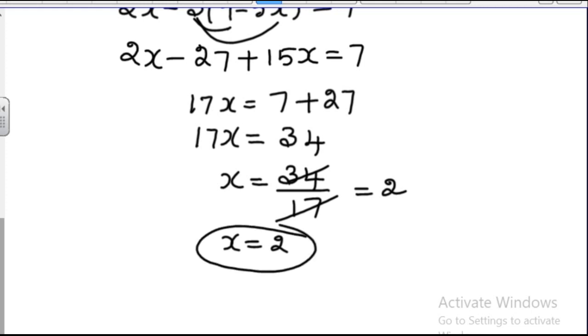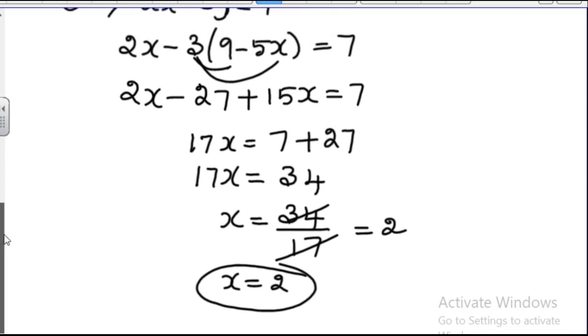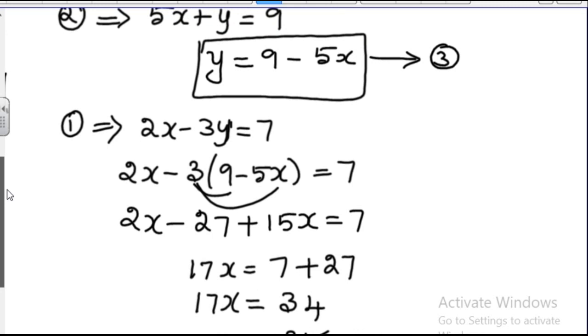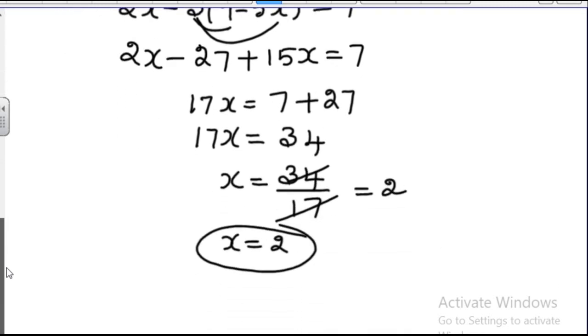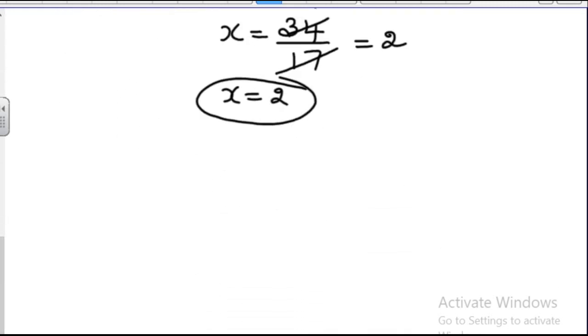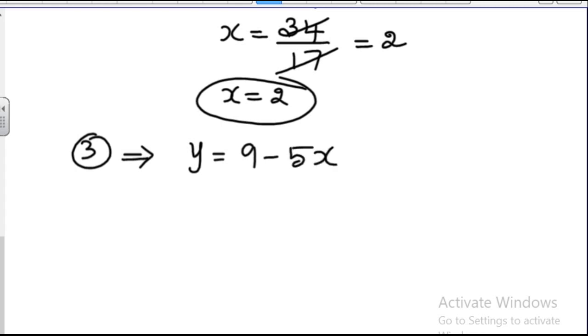So already we found y in equation number 3. Equation number 3 is y is equal to 9 minus 5x. Already we found the x value.